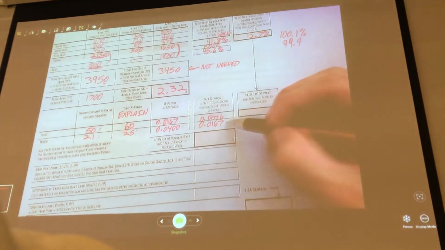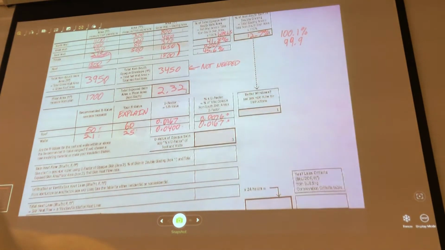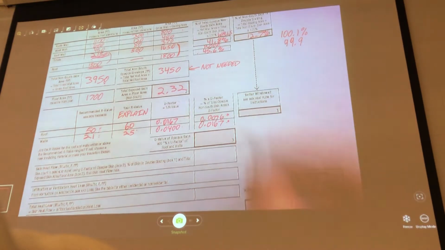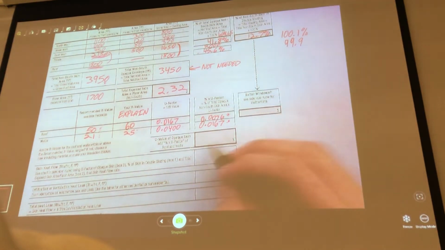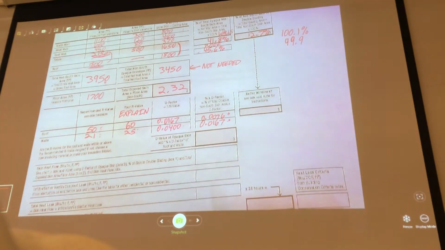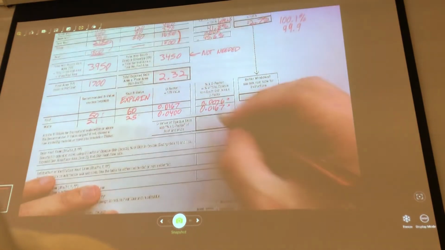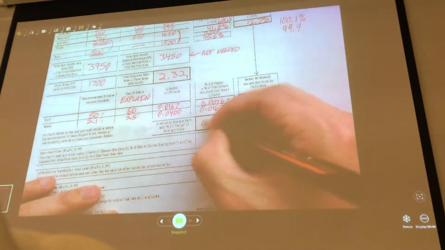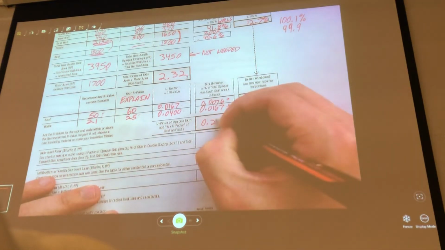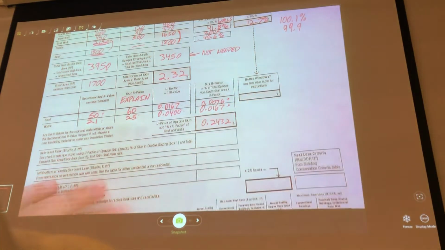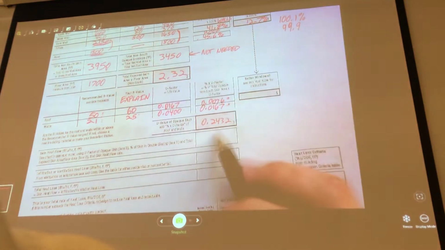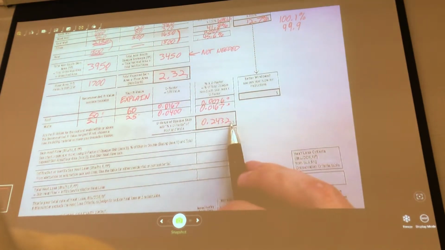Now we can add these two together, and that gives us our overall U factor for our opaque skin. In that case, it is 0.2432. And if you straight up add this up, I know it ends up being like 3.3 instead.